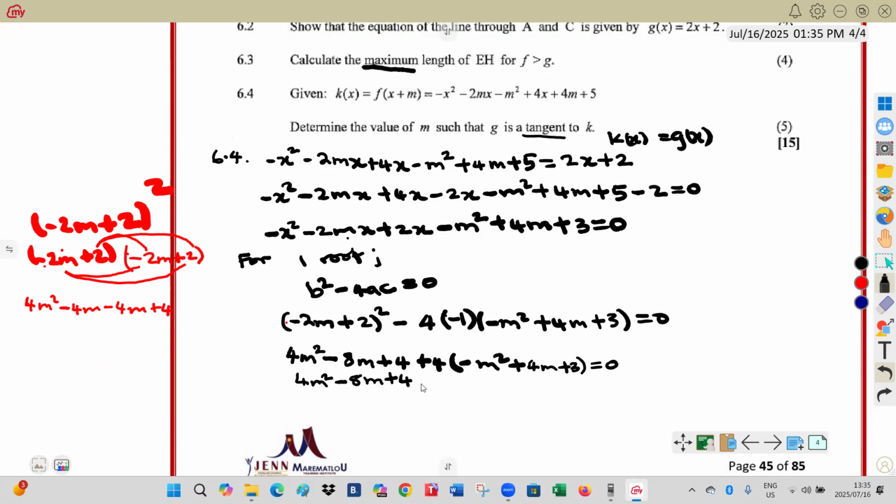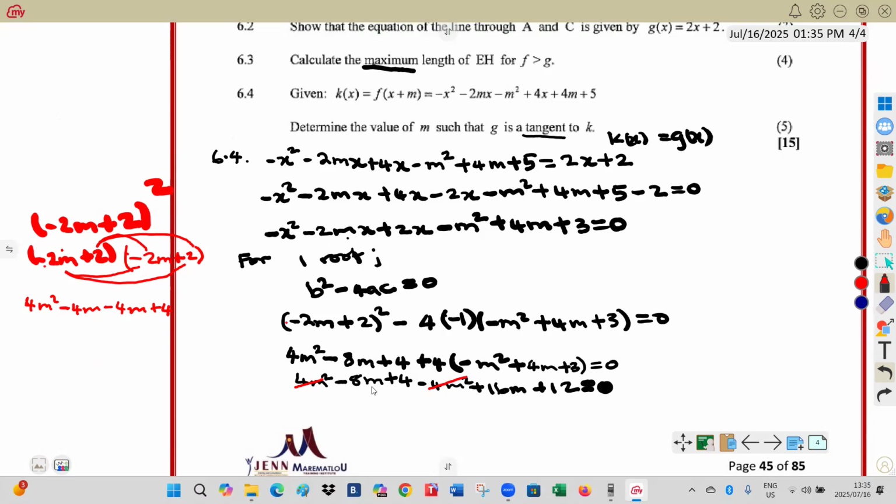Remove brackets there, it becomes minus 4m squared plus 16m plus 12. This must be equal to 0. Then simplifying, we are going to see this 4m squared will go with that 4m squared.